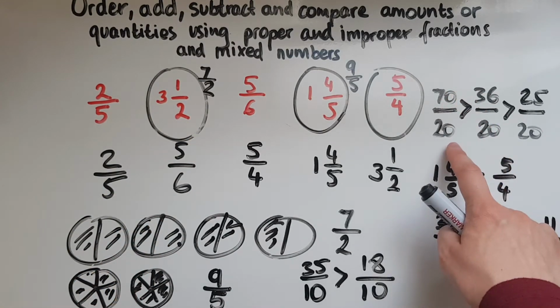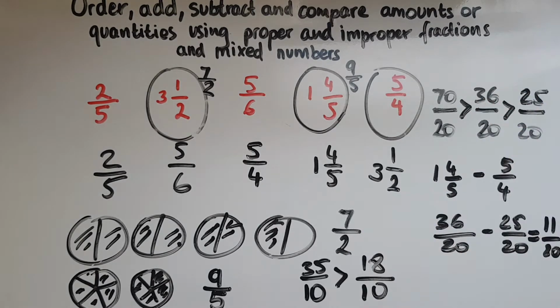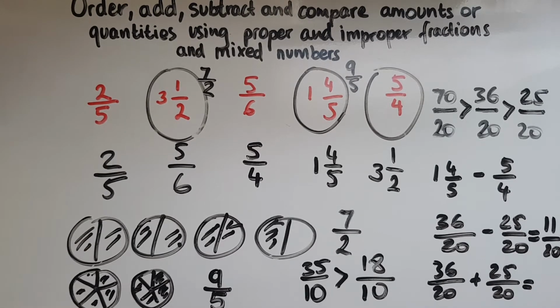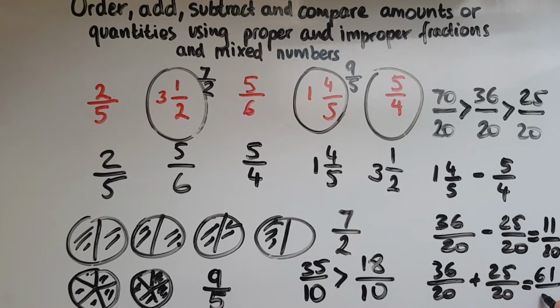So 70 out of 20, take away 36 out of 20. How would we add? Again, 36 out of 20, add 25 out of 20. So that is 61 out of 20.